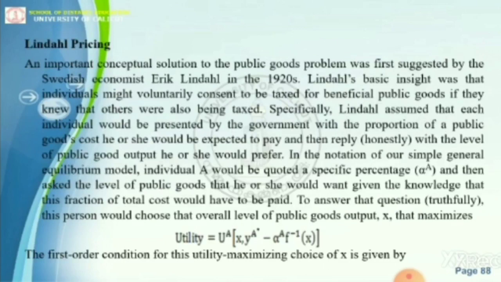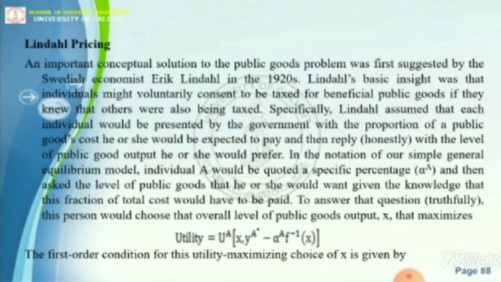Next is Lindahl pricing. An important conceptual solution to the public good problem was first suggested by Swedish economist Erik Lindahl in the 1920s. Lindahl's basic insight was that individuals might voluntarily consent to be taxed for beneficial public goods if they knew that others were also being taxed.